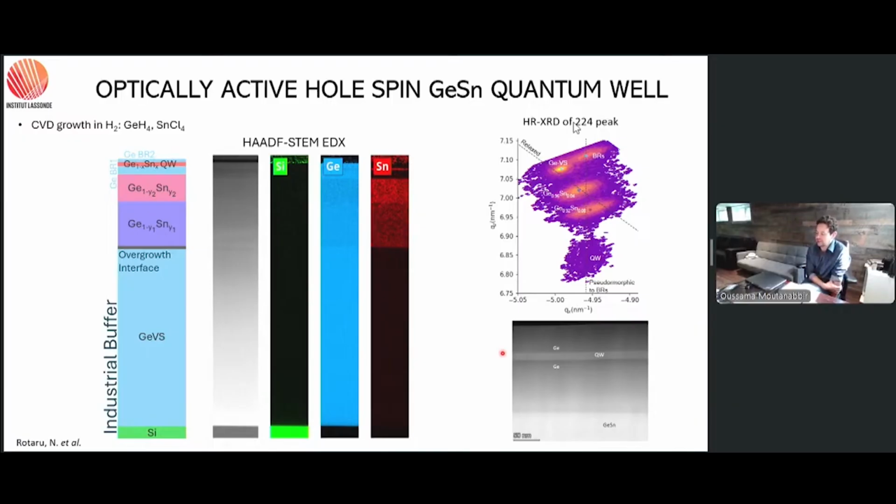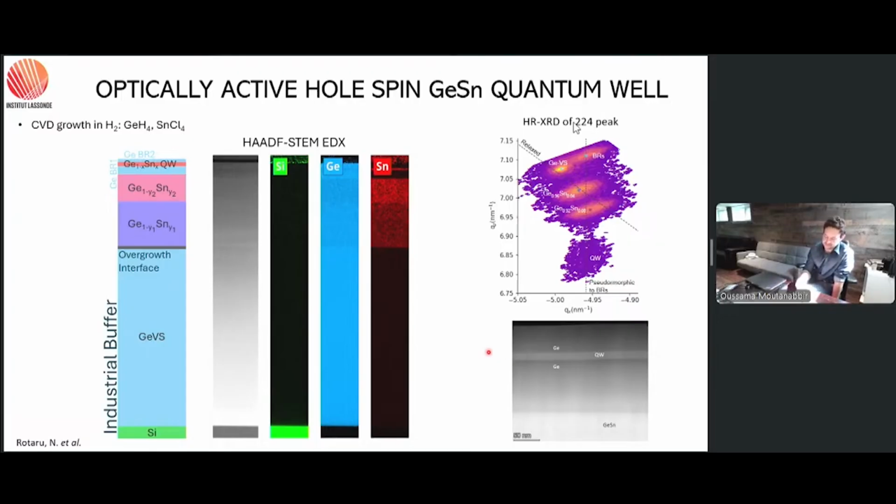But again, this result is yet to be reproduced. Reach out to me. I can share with you what we published in terms of transport, and also what other people published. But again, there are so many open questions about the stability of the devices and what is coming from the quantum well, and what could be coming from something else.